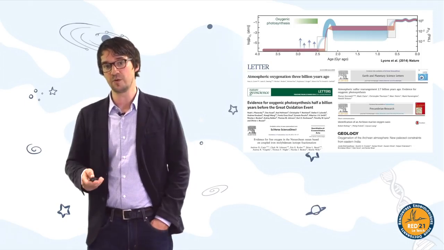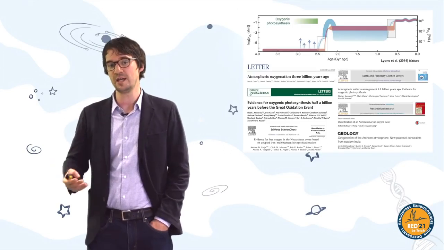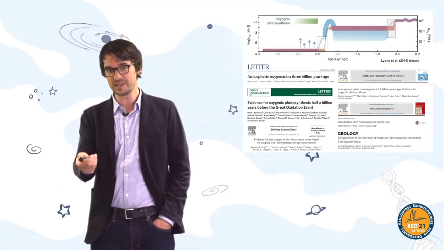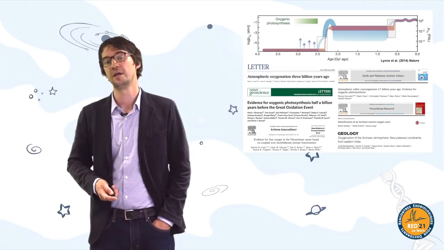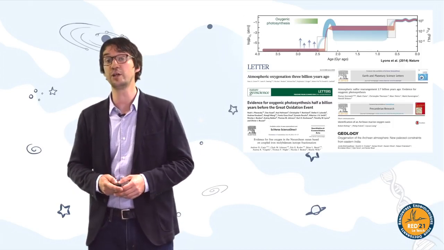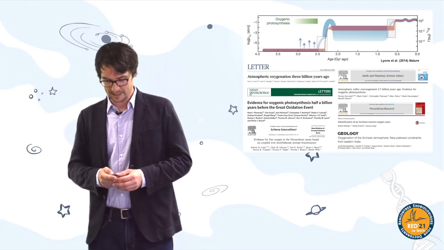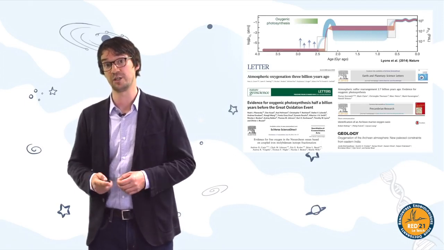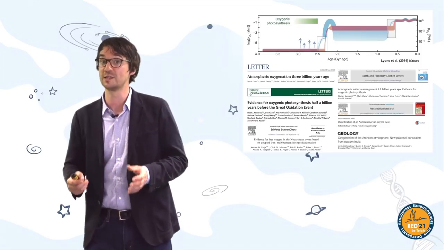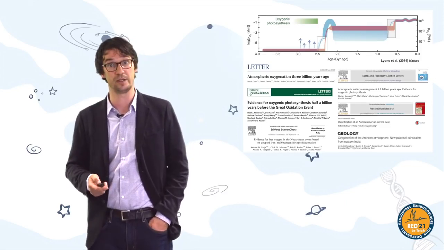Now, these arrows here, we call these pre-GOE pulses or whiffs of oxygen, as they're referred to. Here you can see several different paper titles that claim to find evidence for this early oxygen, and we're going to dive into a few in detail. I've co-authored some of these, and we're going to examine the evidence for this oxygen production with the goal, once again, of understanding whether or not the biosphere was capable of producing free oxygen for this first 2 billion years of Earth's history.